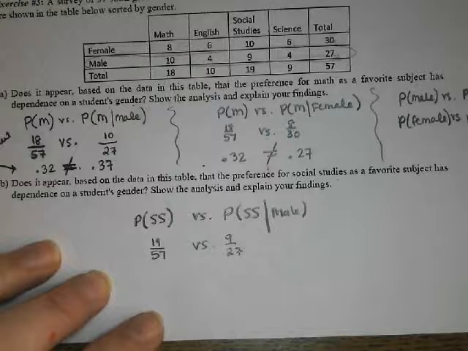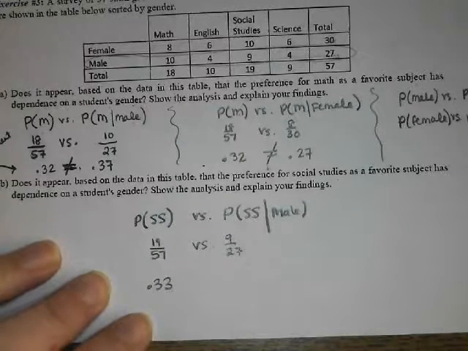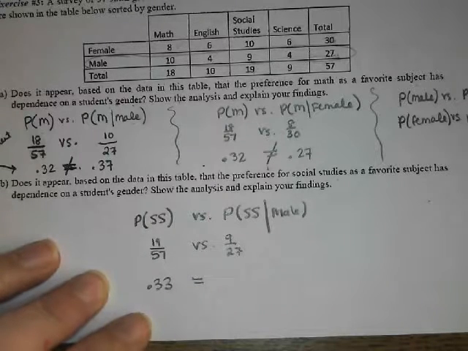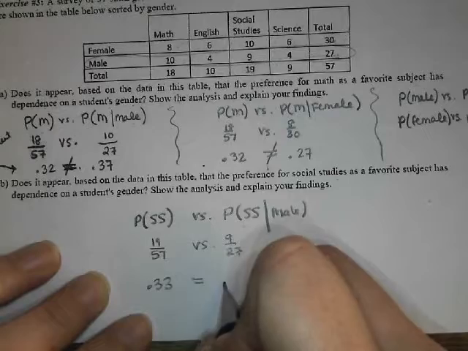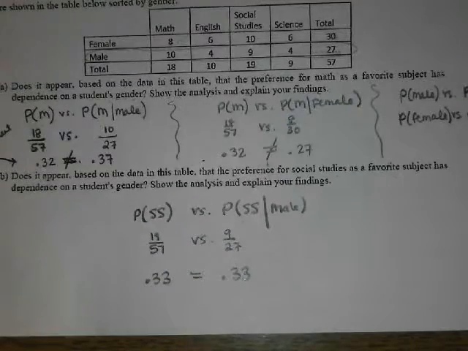19 out of 57, 33% of people like social studies, versus 9 out of 27, also 33%, even if you restrict that population to males. So those are the same.